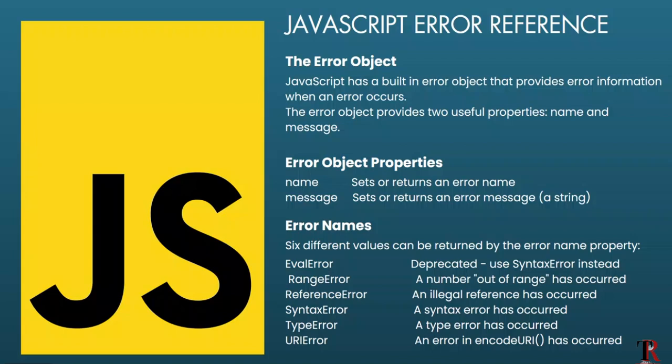Also, we have the reference error. A reference error is when an illegal reference has occurred in your code. So let's say in your syntax, you are trying to reference something that does not exist or something that exists but not in the context of where you are trying to access it.